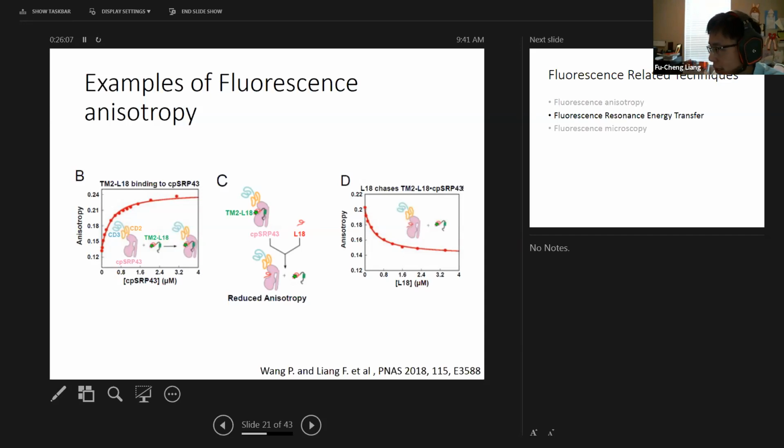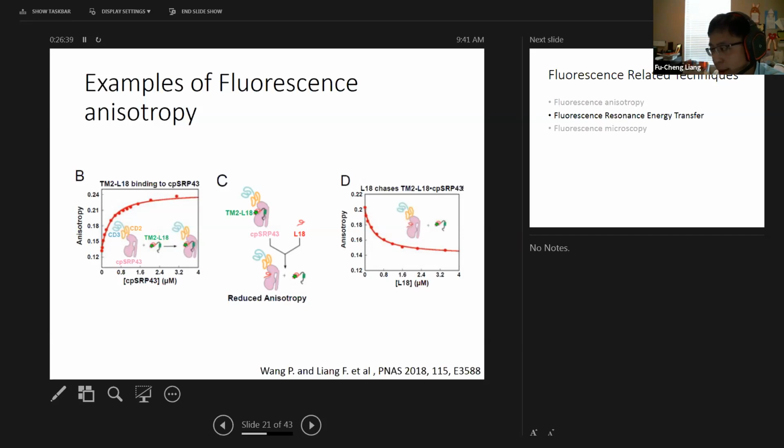That's why you can see the signal from panel D here. In the beginning, I have a preformed complex, meaning I have the fluorescent dye ligand with my protein. They already bind. That's why in the beginning, anisotropy is very, very big. But if I increase the competitor concentration, which is L18, and this competitor has no fluorescent dye on it, so you will not see any fluorescent signal. The main fluorescent signal is coming from your TM2L18 ligand.